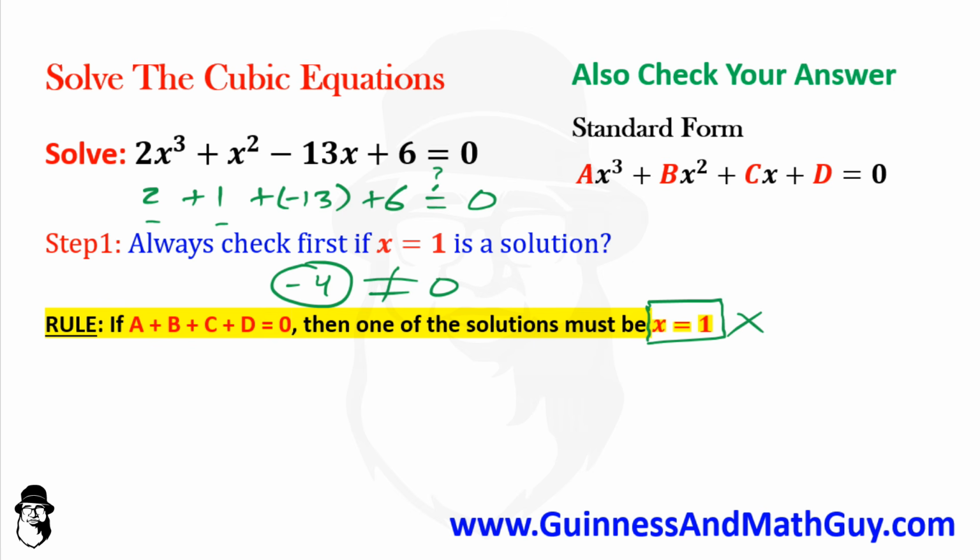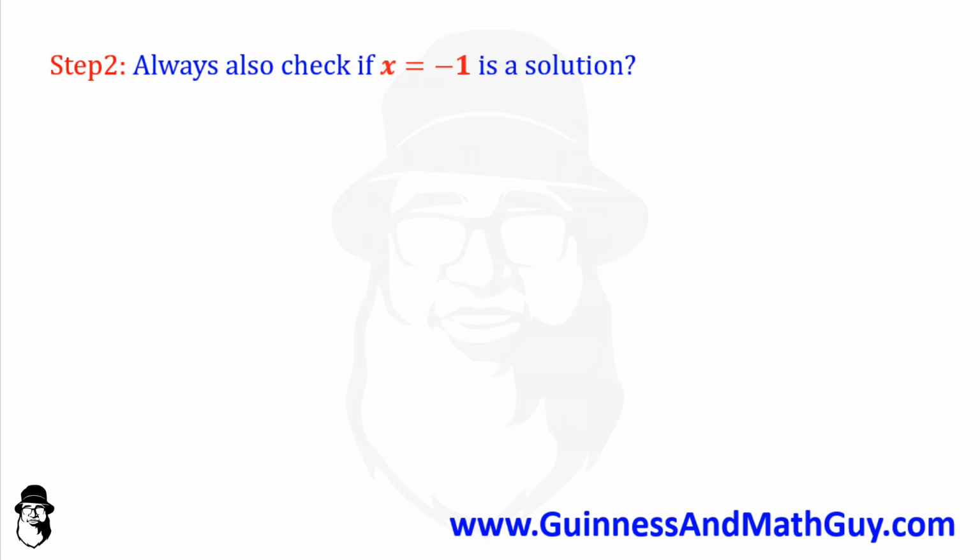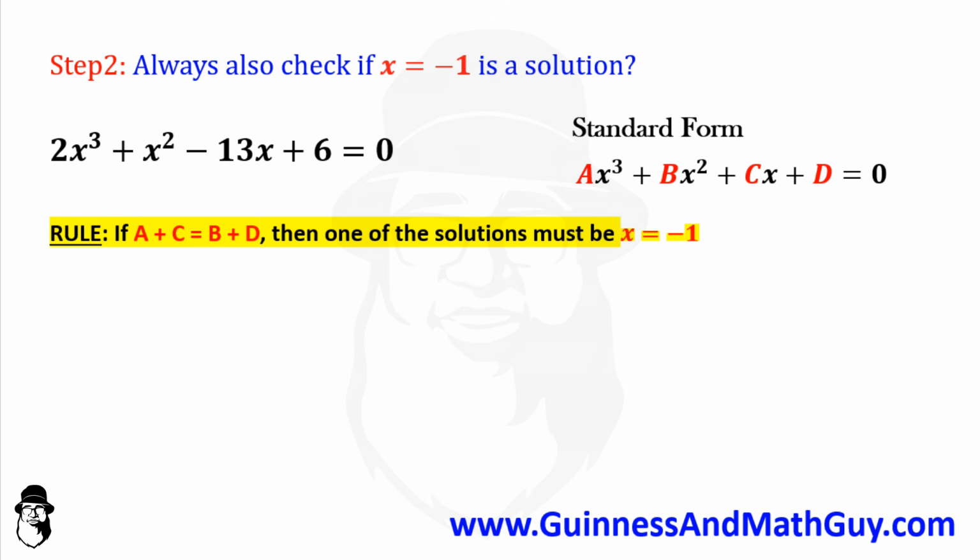So step number 2 is we check if minus 1 is one of the solutions. The rule here is similar, but here we add the alternate coefficients, A with C and B with D. So if A plus C is equal to B plus D, then one of the solutions must be x is equal to minus 1.